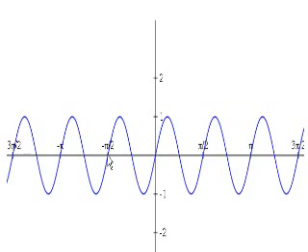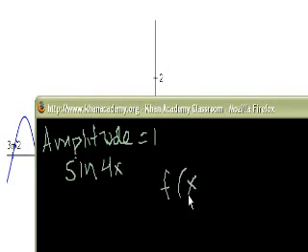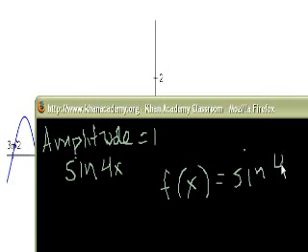So we finish 1 cycle, 2 cycles, 3 cycles, 4 cycles. So then we know what the coefficient on the x term is. So we know that it's sine of 4x. So the answer here is f of x is equal to 1, because that's the amplitude, times sine of 4x.